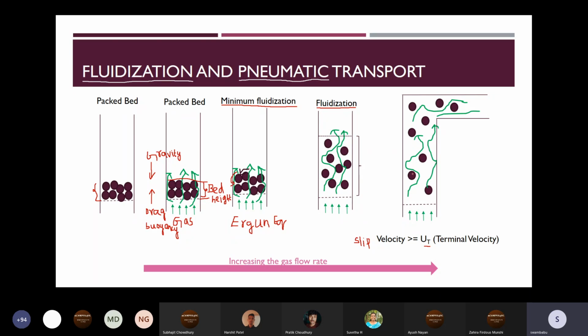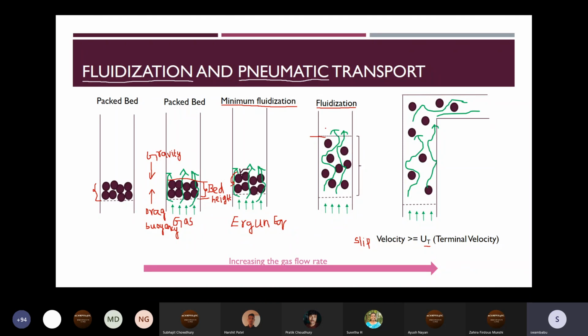As you increase the gas velocity, the particle velocity increases. In case of fluidization, the particles will have a certain velocity, but beyond a certain distance the particles will not have any change in momentum or acceleration.